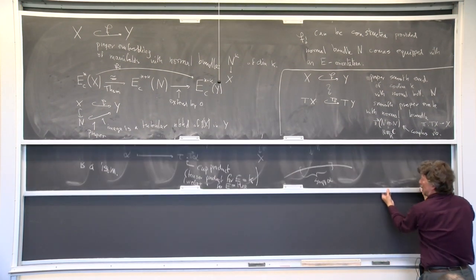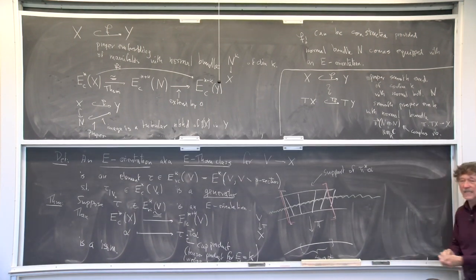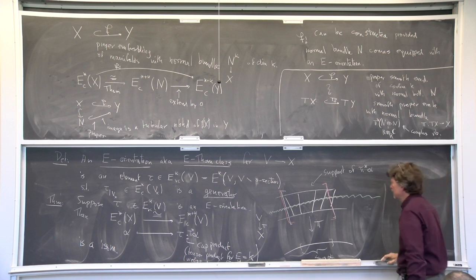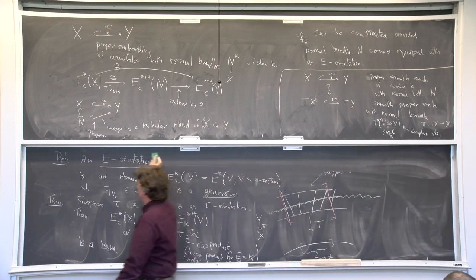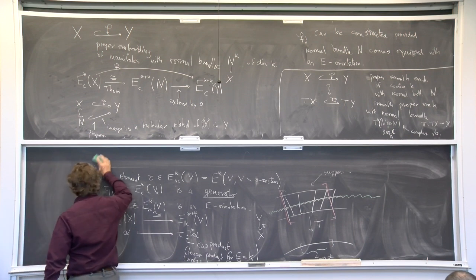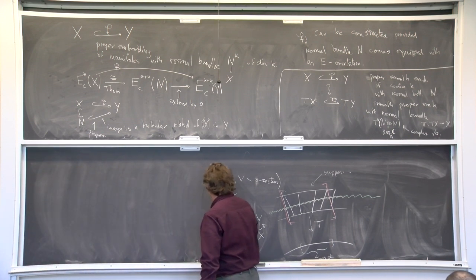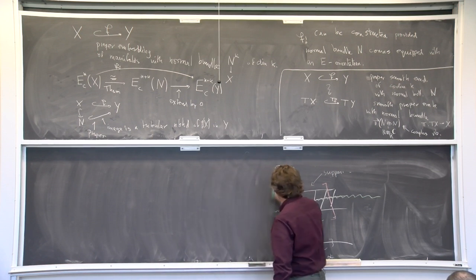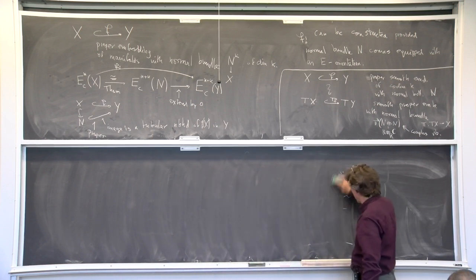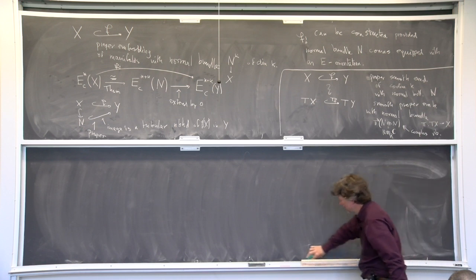Why is that helpful? Well, the helpful fact is that there is a K-theory orientation for complex vector bundles. It's often called the Atiyah orientation.